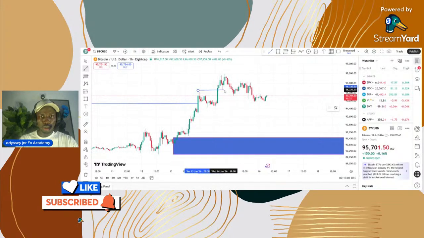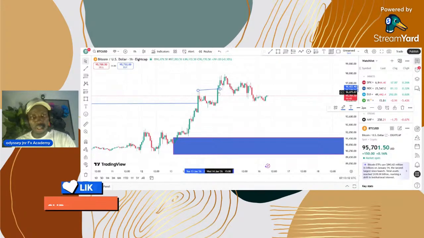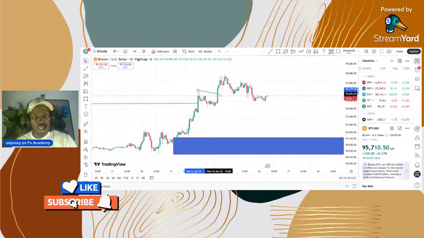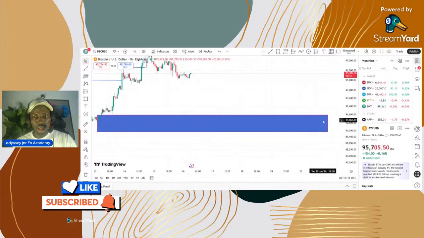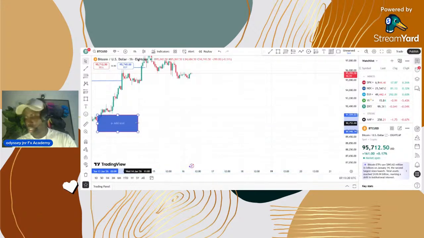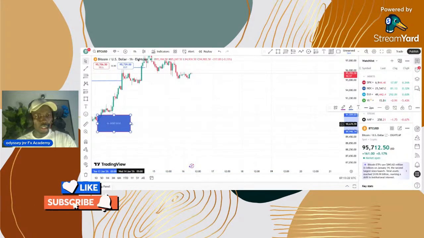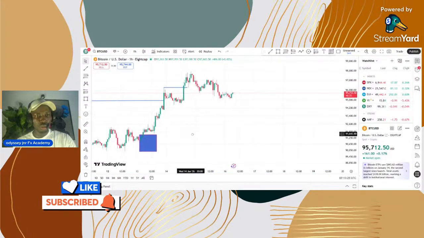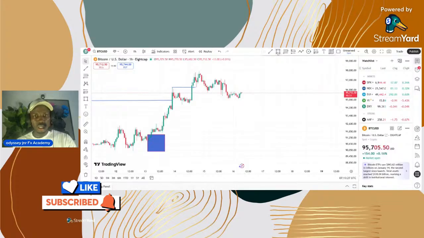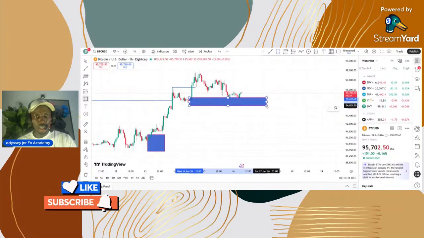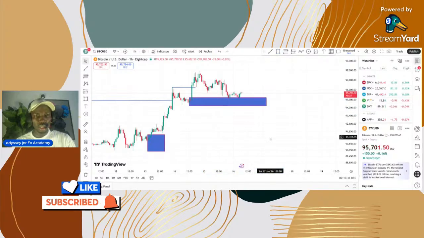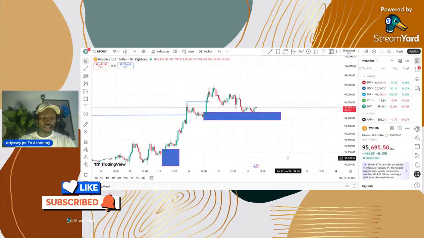We have this order block here, and this one now can be pending. Let's see what we have in this particular one. See this order block now. Market is already reacting here.